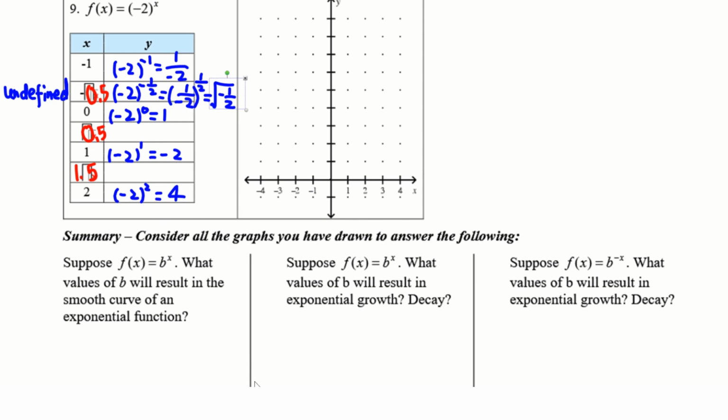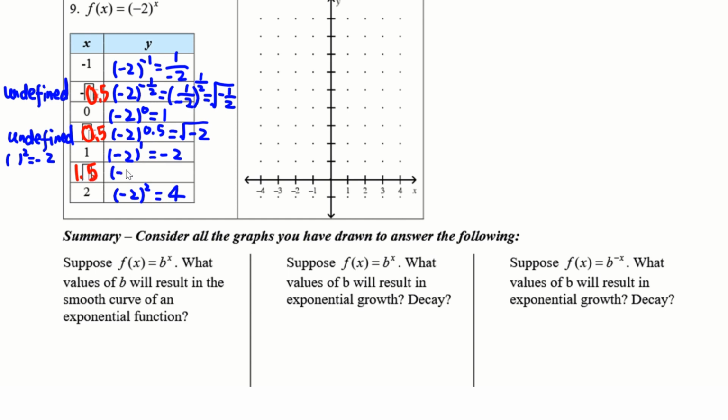Negative 2 to the exponent 0.5 is the same as the square root of negative 2, which is undefined. Square root of negative 2 means you are looking for a number that, times itself, equals negative 2. There's no number squared equals negative 2, so that's the reason it's undefined.